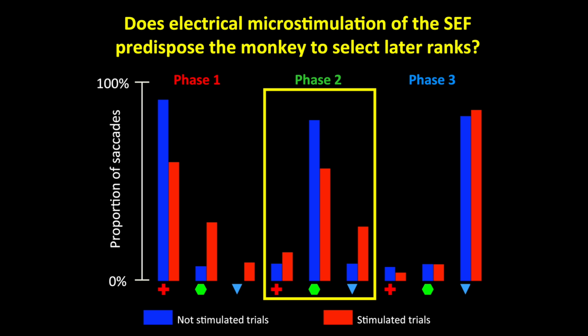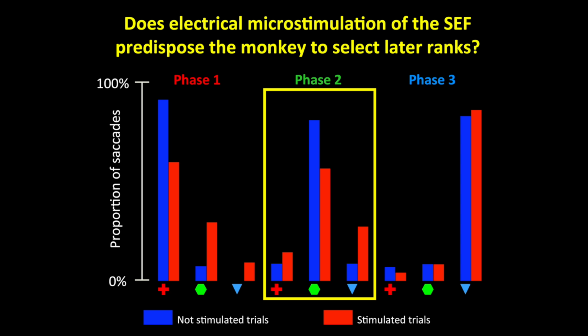The most informative in this regard are the choices during phase 2. In the non-stimulated trials, when monkeys were making mistakes, they selected the first and third object with equal probability. However, when we electrically stimulated the area SEF, it seemed that we shifted the monkey's predisposition toward the later ranks. Again, this is just a part of the experiments I'm describing, but we, and the reviewers as well, were pretty convinced that it matters.